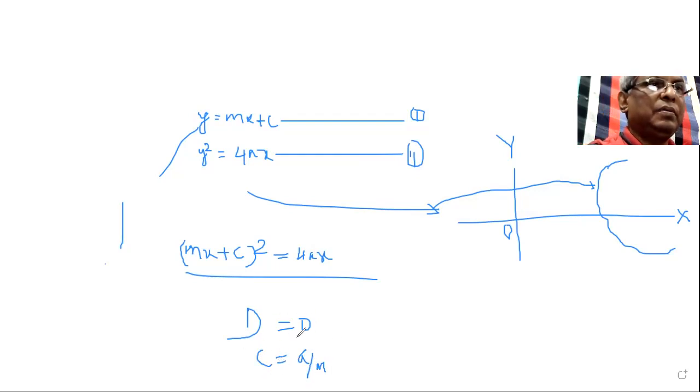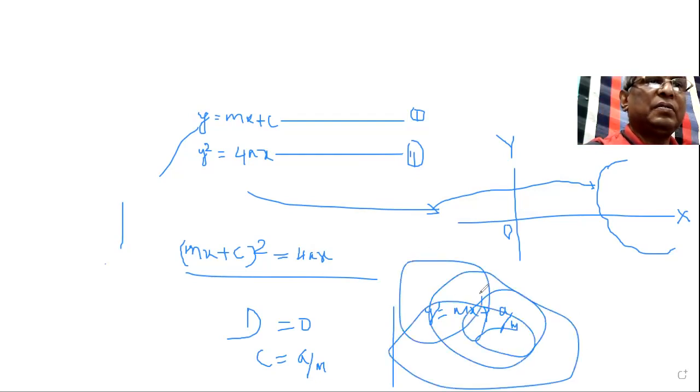Now put this value of C in equation 1. Then what will that be? This will be y is equal to mx plus c, means a upon m.